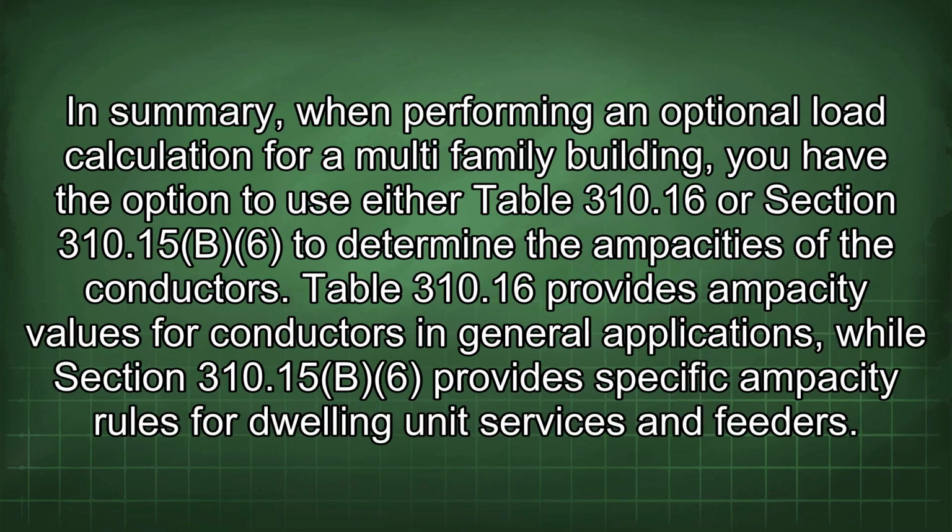In summary, when performing an optional load calculation for a multi-family building, you have the option to use either Table 310.16 or Section 310.15(B)(6) to determine the ampacities of the conductors. Table 310.16 provides ampacity values for conductors in general applications, while Section 310.15(B)(6) provides specific ampacity rules for dwelling units, services, and feeders.